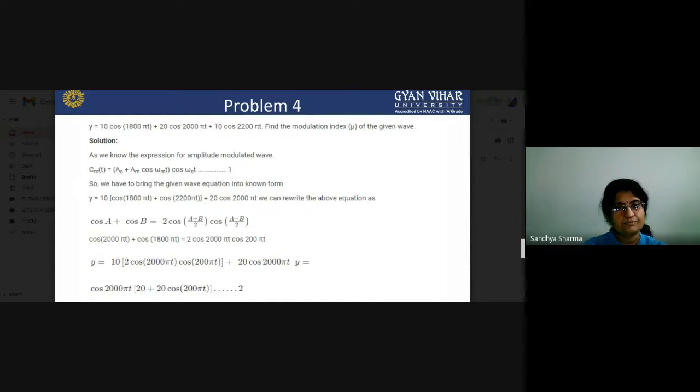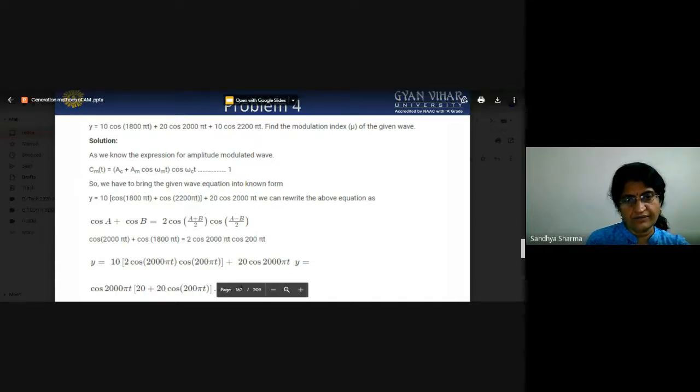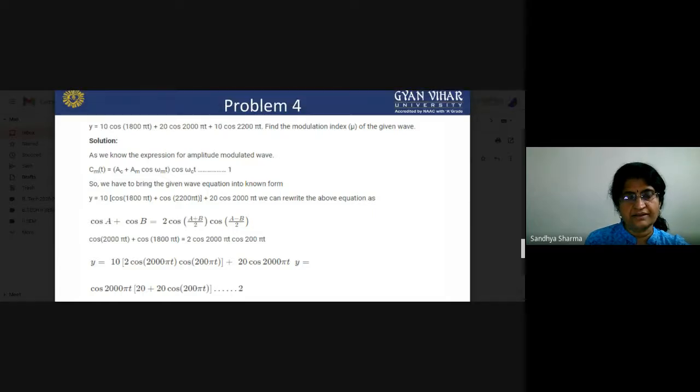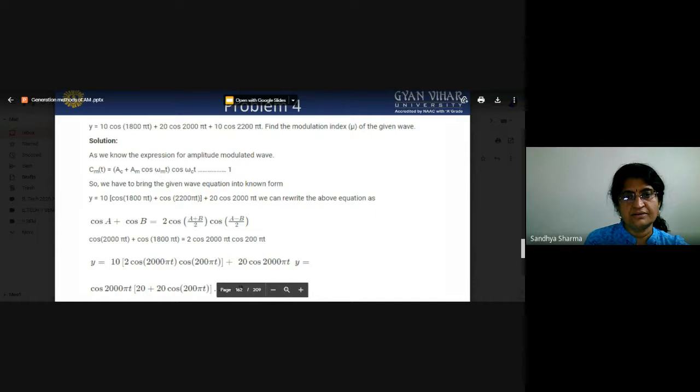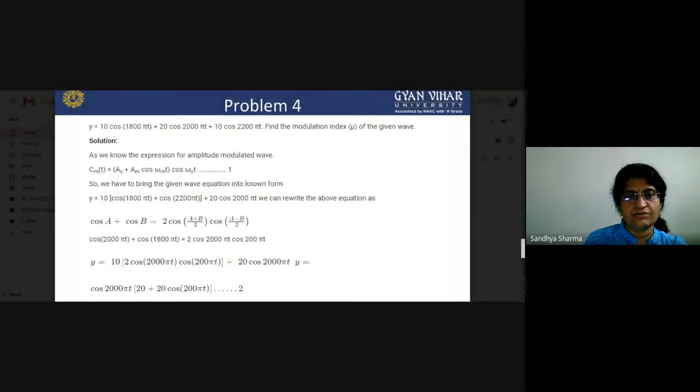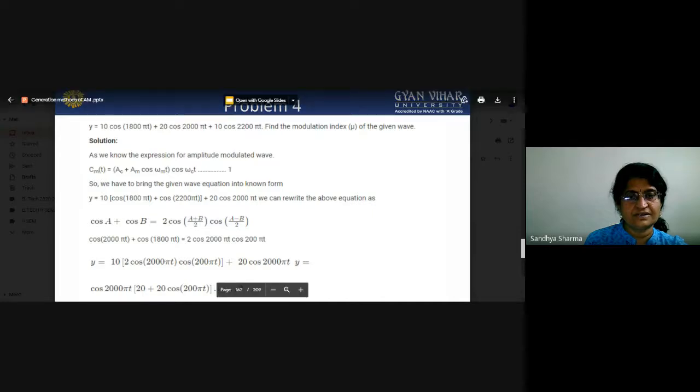According to it, we can convert the cos C and cos D terms into product form, which gives 2 cos 2000 pi t and cos 200 pi t. So you add these two values, take half of the sum, and then calculate that particular part.